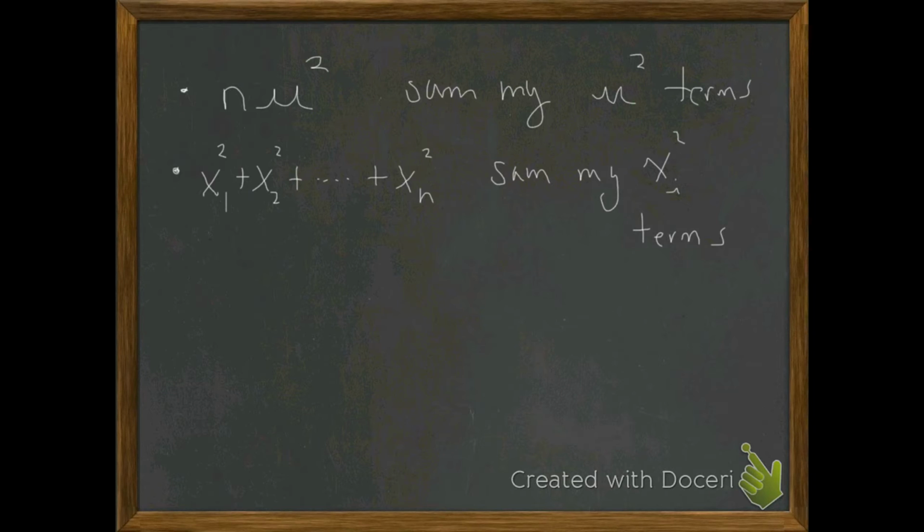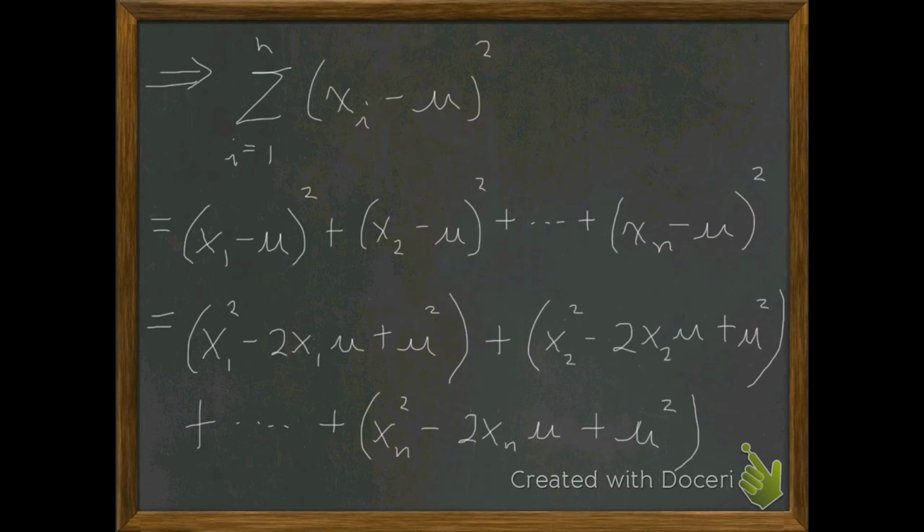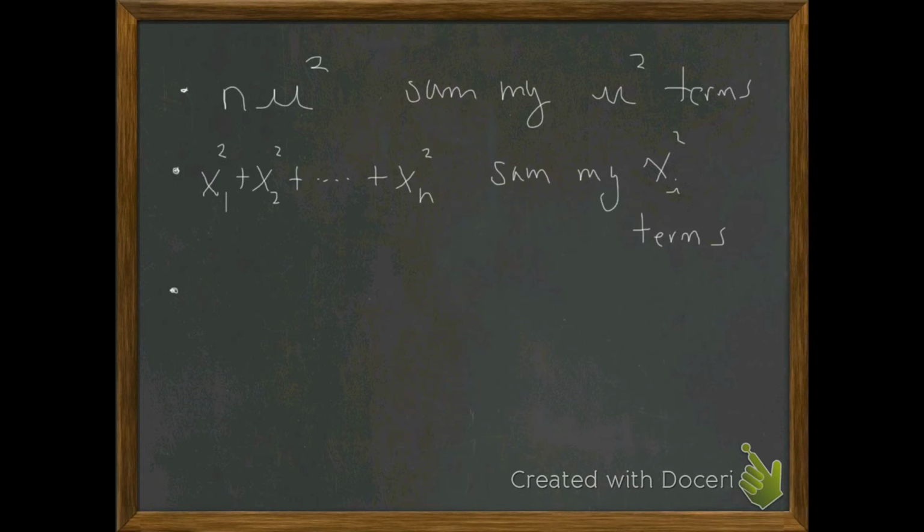And then the other terms that I get: negative 2 x1 mu, negative 2 x2 mu, negative 2 xn mu.